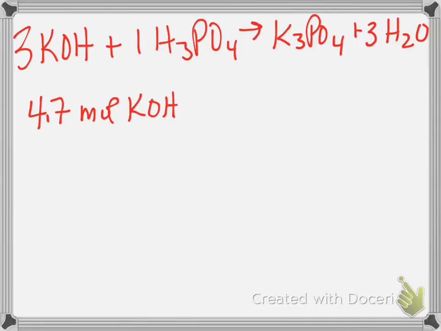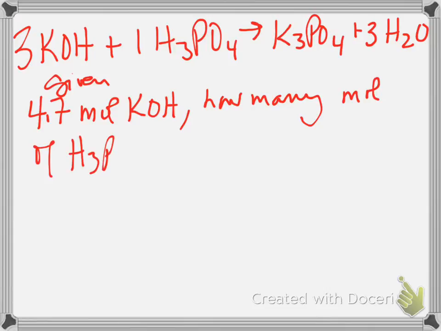So, and we want to know, here I'm going to put this here, given that, how many moles of phosphoric acid, H3PO4, do we need? Well, we just look at the mole ratio.